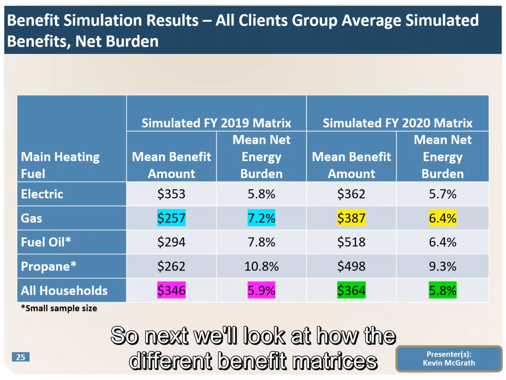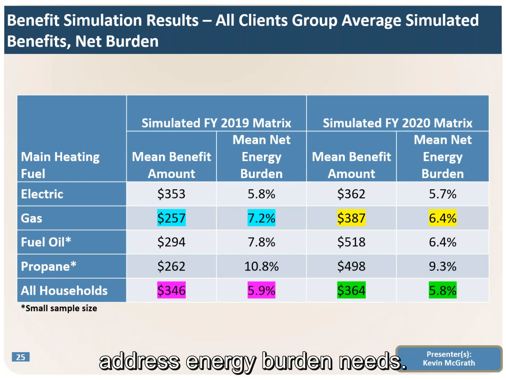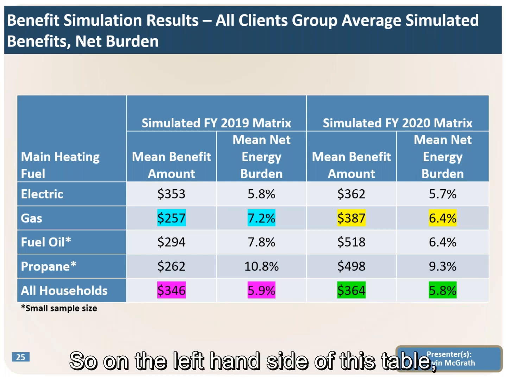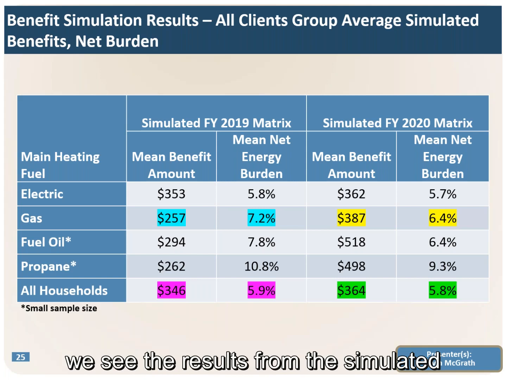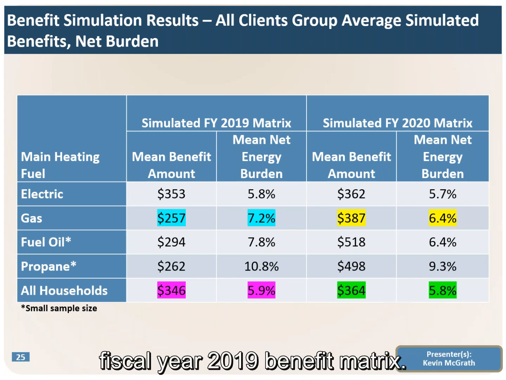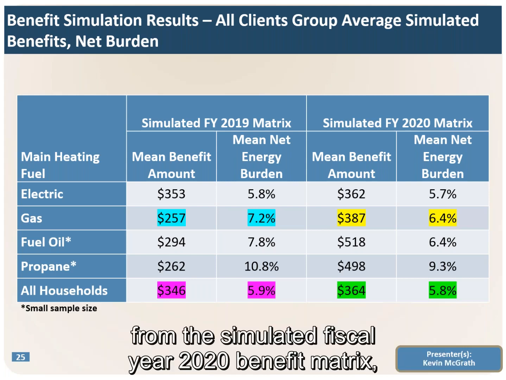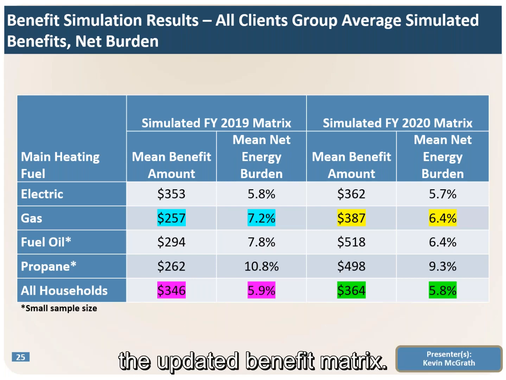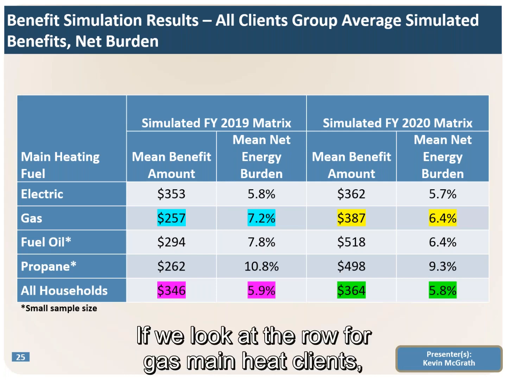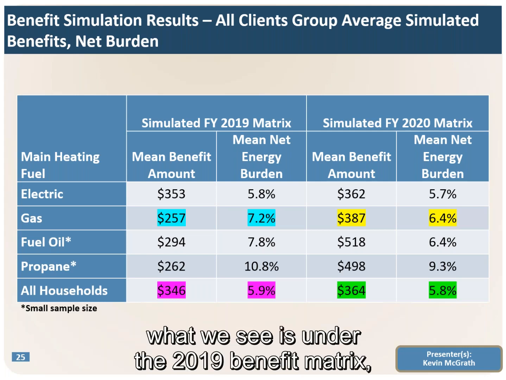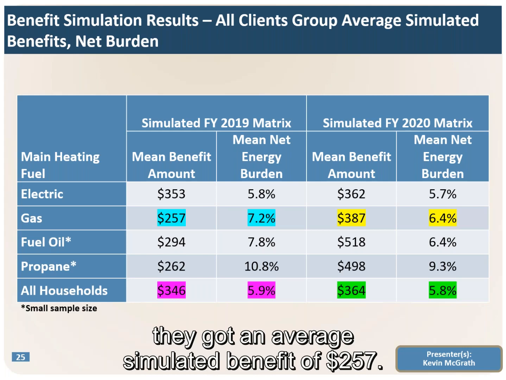So next, we'll look at how the different benefit matrices address energy burden needs. On the left-hand side of this table, we see the results from the simulated fiscal year 2019 benefit matrix. On the right-hand side, we see the results from the simulated fiscal year 2020 benefit matrix, the updated benefit matrix. If we look at the row for gas main heat clients, what we see is under the 2019 benefit matrix, they got an average simulated benefit of $257.